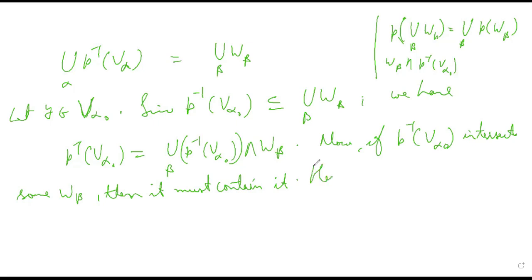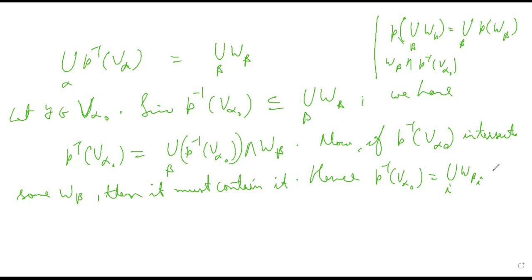Hence P inverse V alpha naught equal to union of W beta I, for some beta I, because this is completely a subset of this, right? Every point of it will be some point of some W beta.